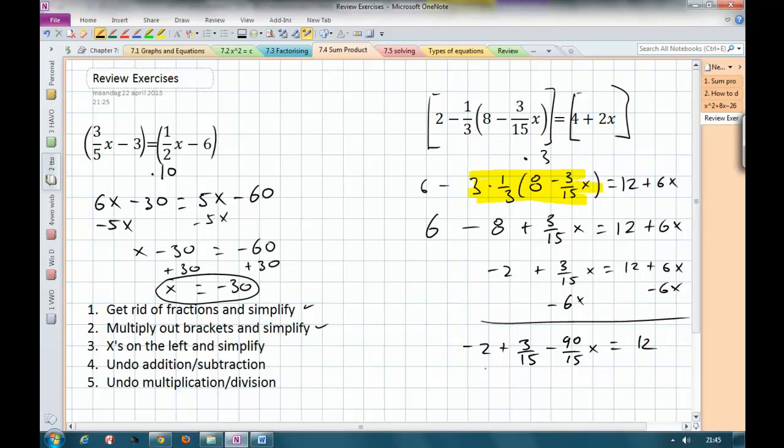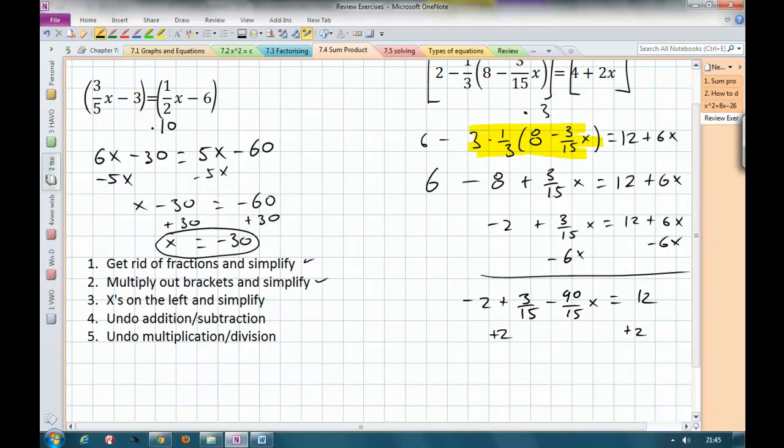I'll do the plus 2 on both sides and simplify this. Oh, this should be, of course, an x here.